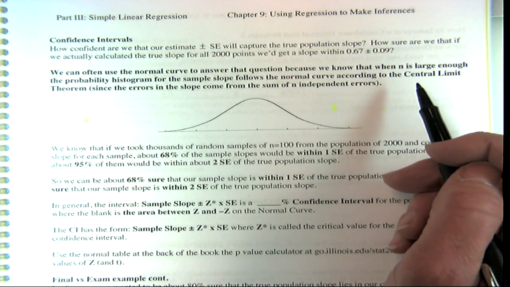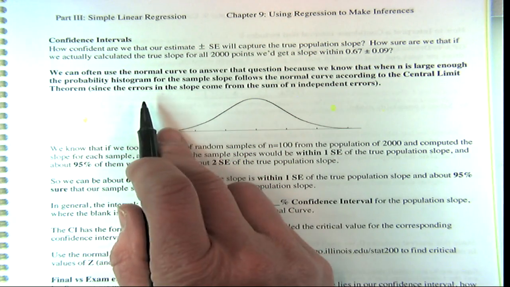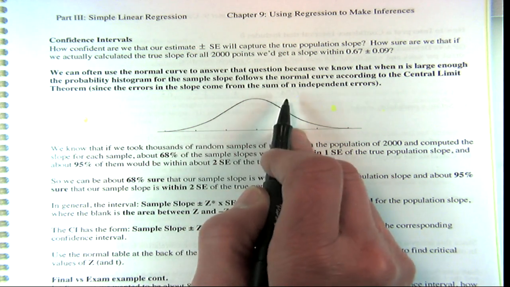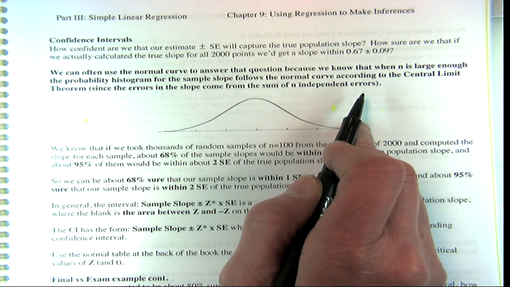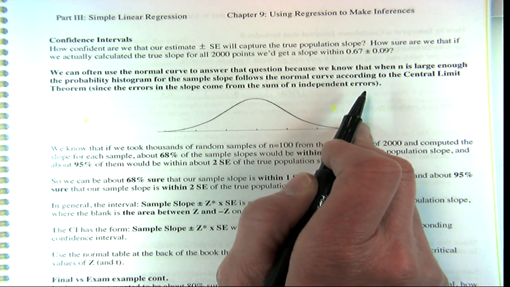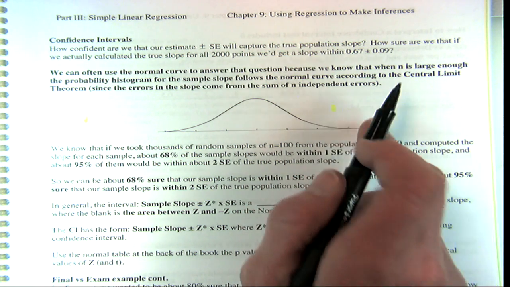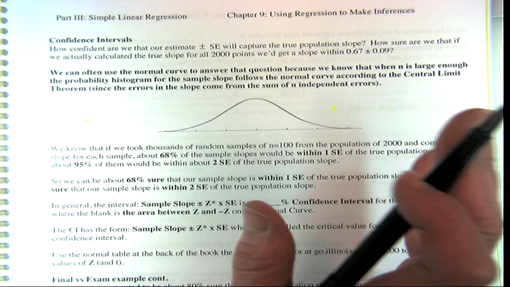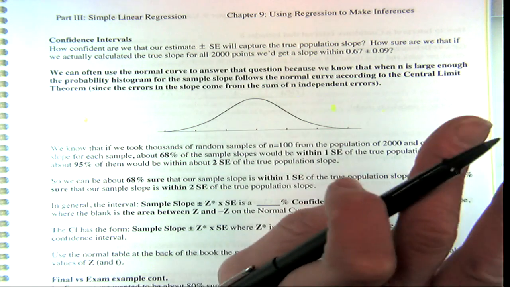Okay? And since the errors in our slope come from the sum of n independent errors, then we can apply the central limit theorem to the slope. So as long as n is big enough, we can use the normal curve.